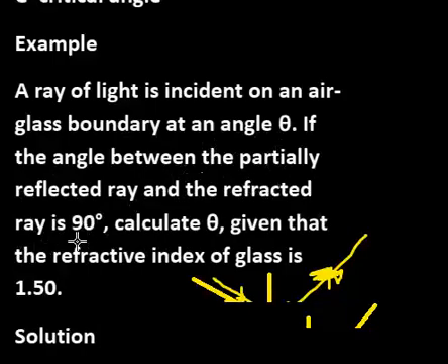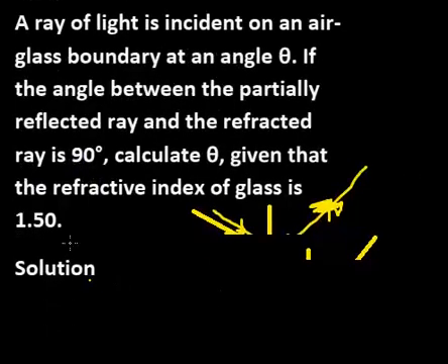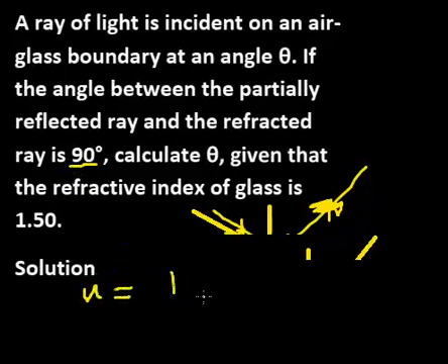So this is 90 degrees. This 90 degrees is the angle of refraction, sorry. And of course the angle of incidence at this point, where the angle of refraction is 90 degrees, is the critical angle. So from the formula, refractive index at that point is given as 1 all over sine c.